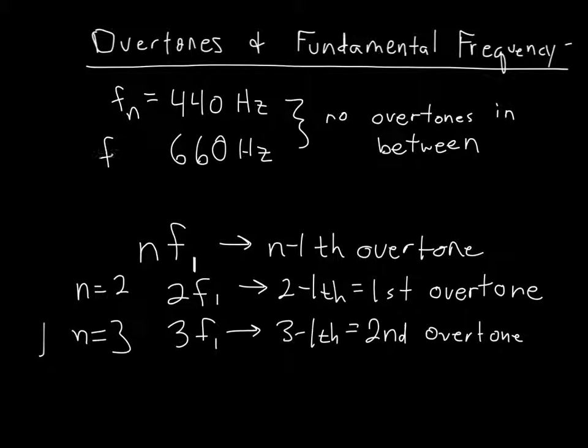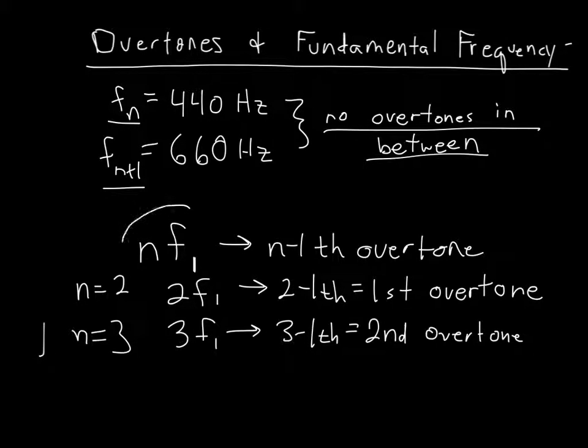We're going to call this f sub n plus 1. So this is the n plus 1th overtone. And we know that these overtones immediately follow each other. So this is going to be maybe the third overtone, and this would be the fourth overtone, because there's no overtones in between.